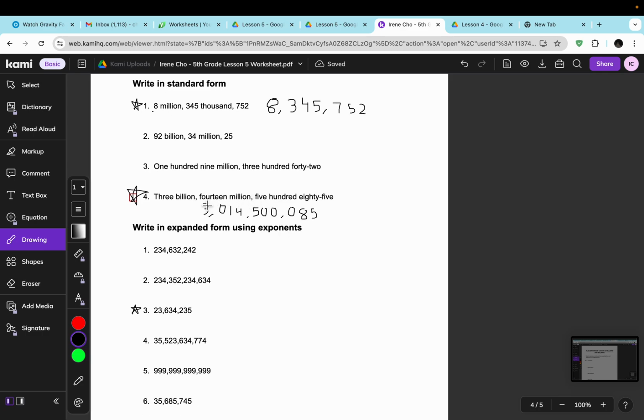Wait, no. Sorry, I did it wrong. My bad. So it would be 3 billion 14, and then since it doesn't indicate any thousands, we're going to put zeros and then 585. Sorry, my fault.